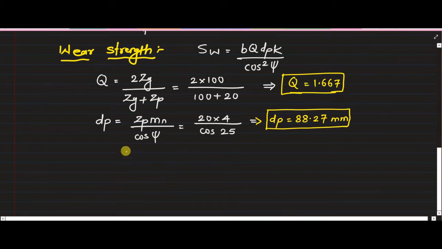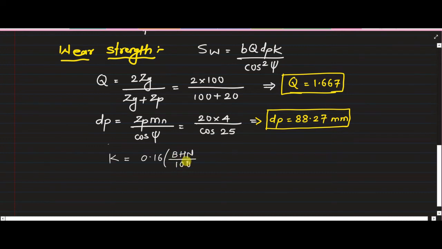Because in this case both gear and pinion are made of the same material, and that is steel, we can proceed with the formula of K as 0.16 into (BHN divided by 100) squared.